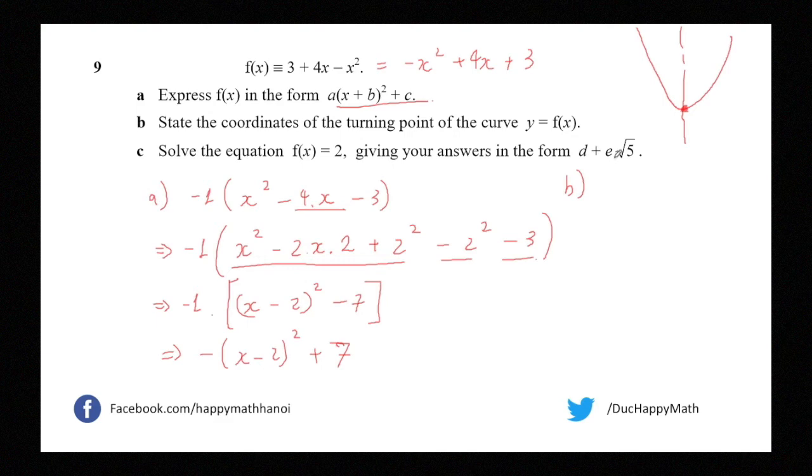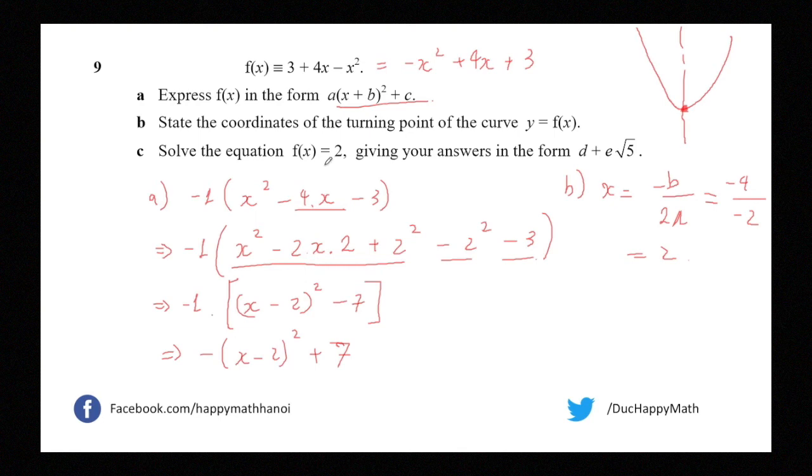You can review what symmetry line means in the quadratic equation in the first video. And you will get that x has to be equal to minus b over 2a. It means I take this minus 4 over minus 2, so it will become equal to 2.